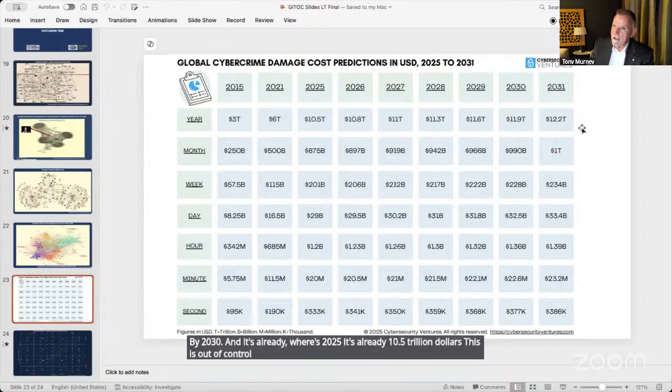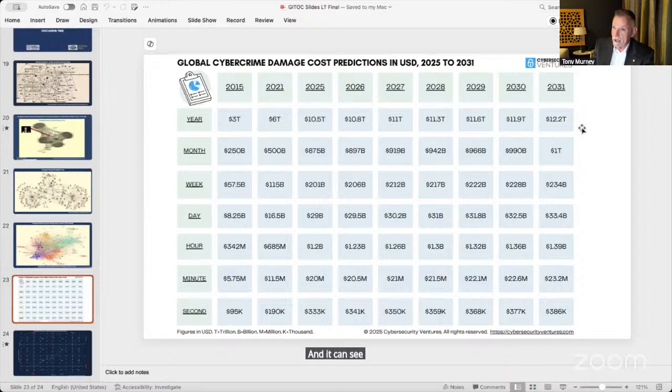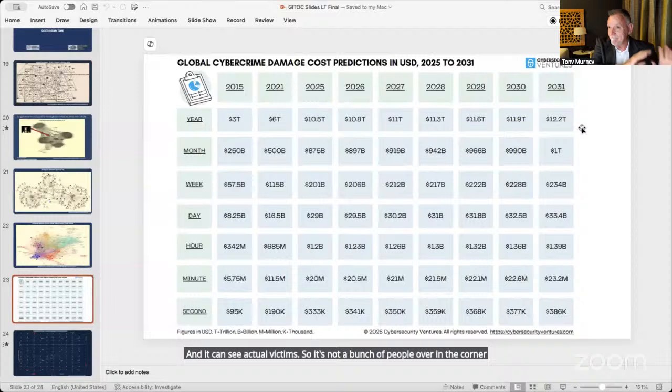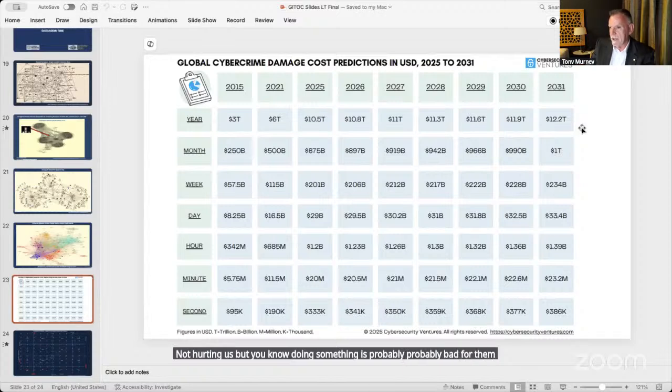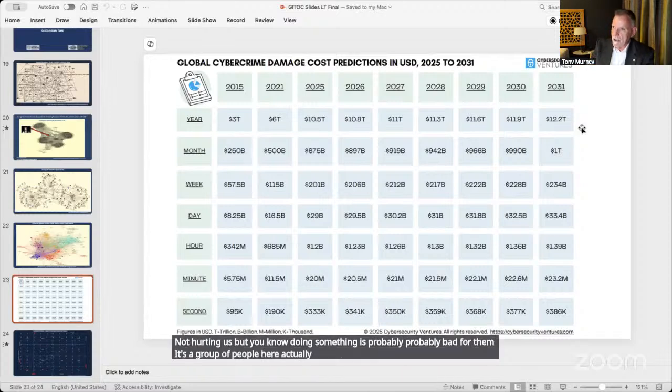The community looks at it and it can see actual victims. So it's not a bunch of people over in the corner using illicit drugs, not hurting us, but doing something that is probably bad for them. It's a group of people here actually damaging large numbers of people in the community financially, and we can see the victims, and we all agree, unlike drugs, this is a bad thing.